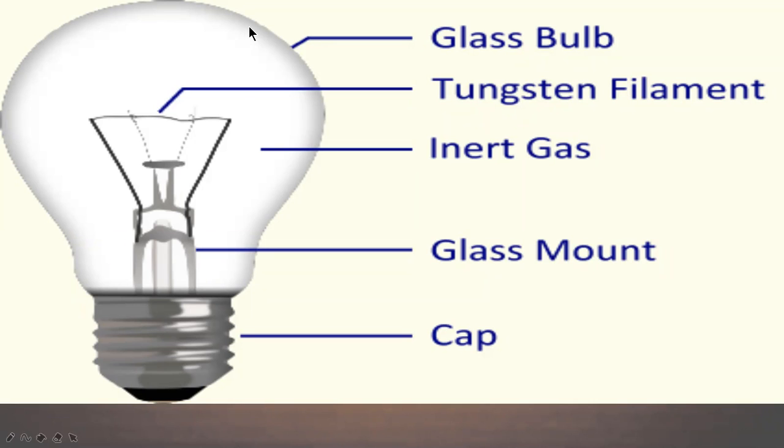It is made up of glass. This is a glass bulb. This is a special wire. That wire is called tungsten filament or the wire. This is filled by means of inert gas. This is the glass mount, and this is a cap which we put inside the socket.